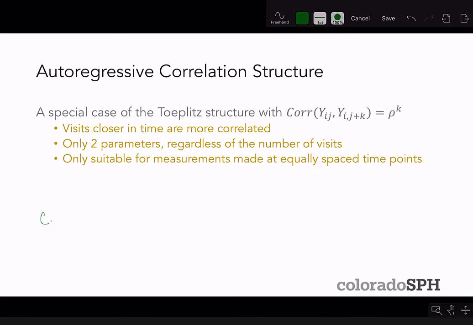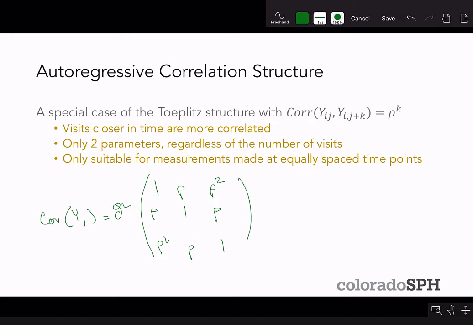So what that would look like is a 3 by 3 matrix because there are 3 time points.